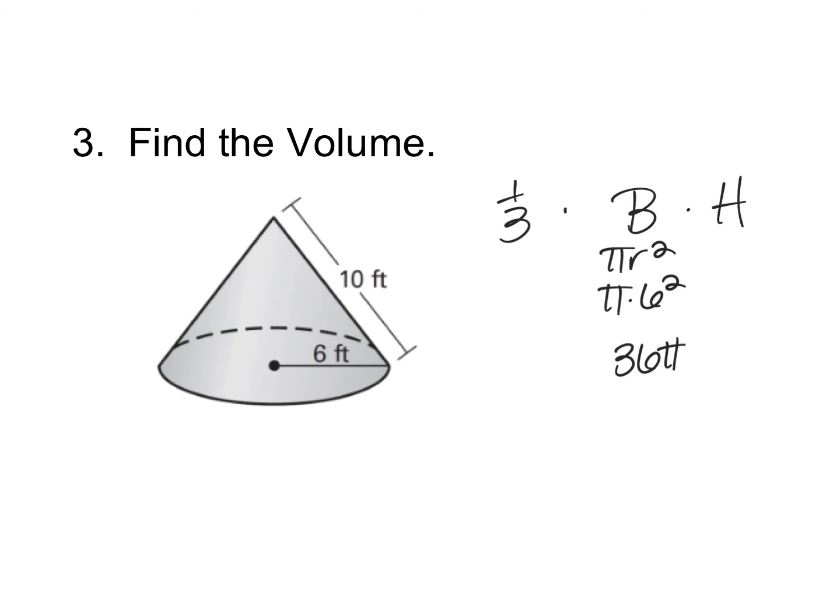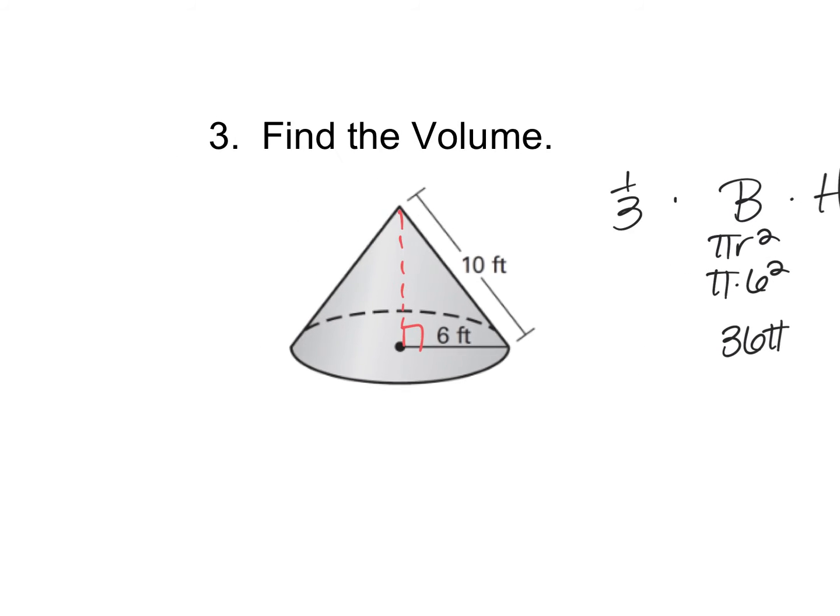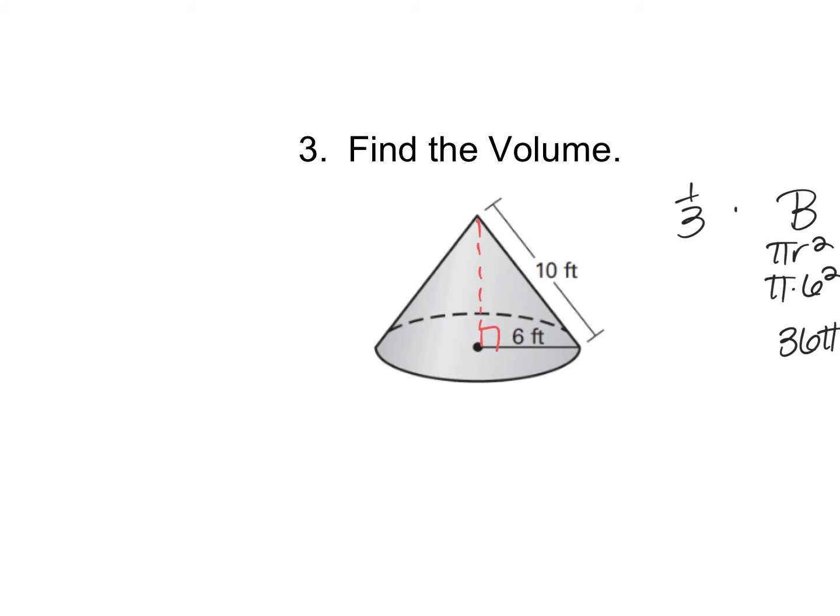Now, what is the height of our cone? The height is right there. They don't give it to us, so we're going to have to use your favorite, the Pythagorean theorem. No big deal. We use a squared plus b squared equals c squared. Our c is 10, because that's the hypotenuse.